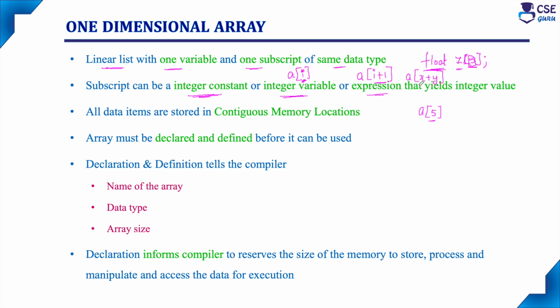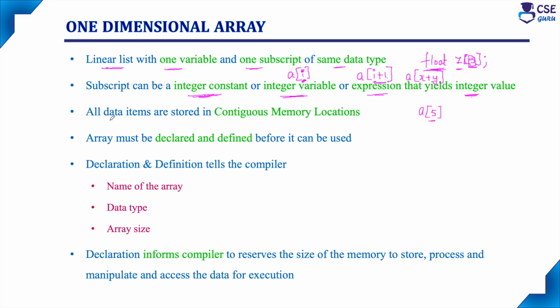Any expression we can specify, but this expression will be reduced to an integer value only. This variable or expression can be used with the array during execution of the program. But during declaration, the subscript should be specified only as an integer constant. Integer variables and expressions are not allowed during array declaration.